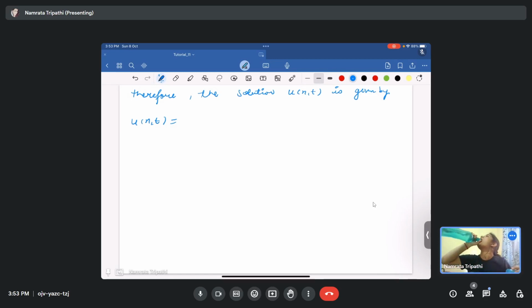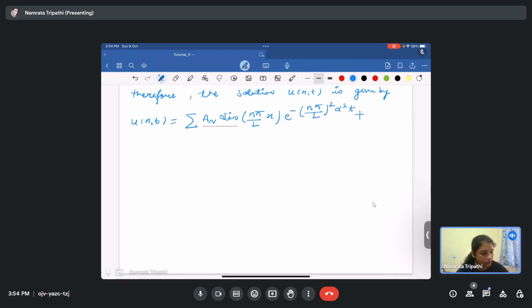Just wait. The solution for v(x,t) is An sine nπx upon L into e to the power minus, and what is g(x)?